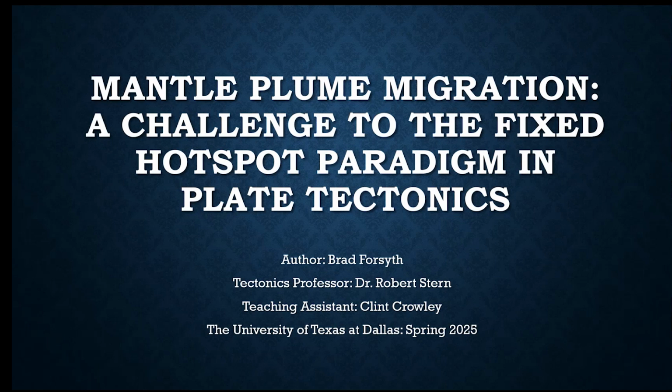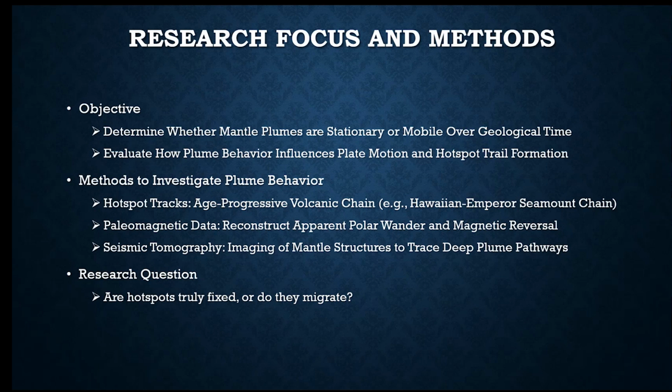This question ties directly into how we understand plate tectonics and mantle dynamics, so it's an important part of the bigger geologic picture. All right, so this project focuses on investigating the mobility of mantle plumes, specifically whether they remain fixed in place or migrate over geological timescales. This has major implications for how we understand plate tectonics, especially when interpreting hotspot trails like the Hawaiian Emperor Seamount Chain. To evaluate plume behavior, I used three primary methods. Hotspot tracks, which show time progressive volcanic activity and give clues about relative motion.